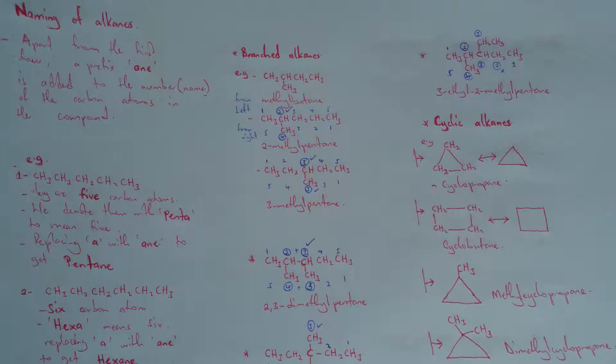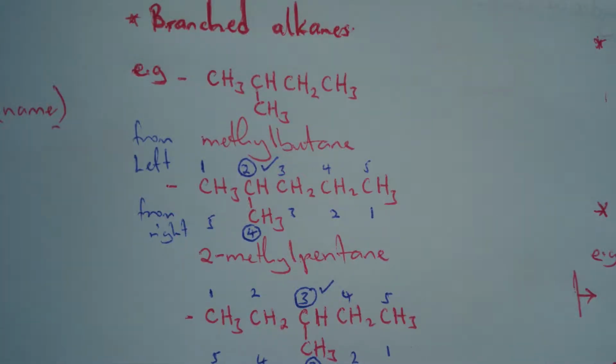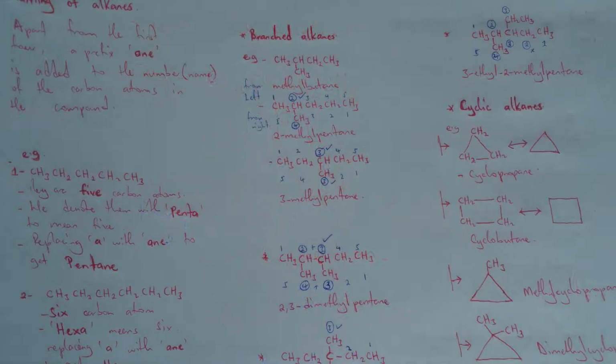For instance, one may have a member like methyl butane, or methyl pentane. To name these, it's a bit of a process whereby we look at the position of the side chain, or at times we call them the side substituents.